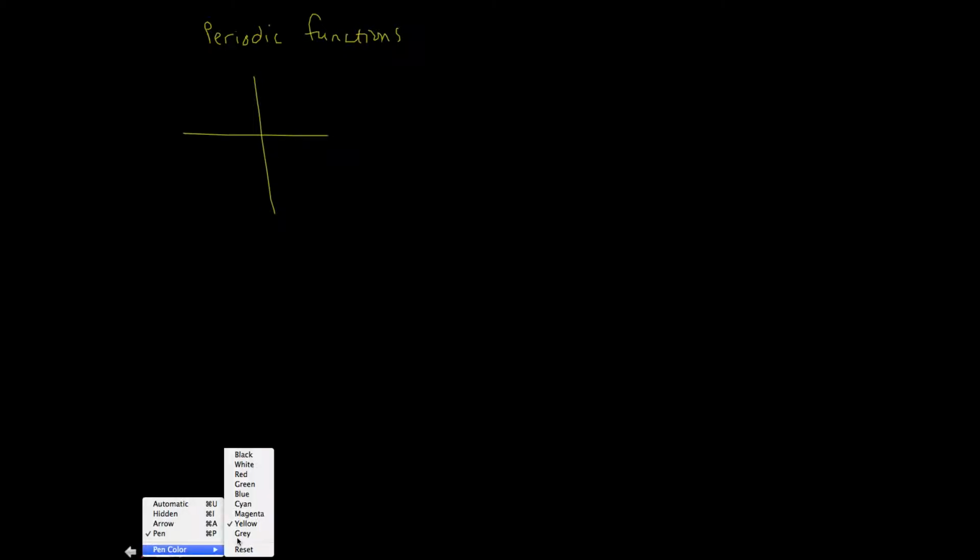Periodic functions. All right, so we've got a coordinate plane here, and let's suppose that on this coordinate plane we have this terminal angle.